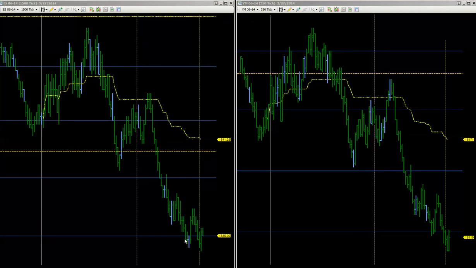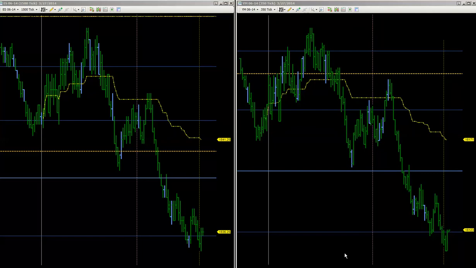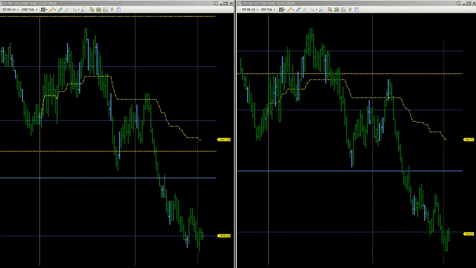We did have this one come in the ES. I do like to see them come in after this 15-minute mark. So we'll give it a little bit of time here. I'm going to pause. It's 9:46 Eastern.